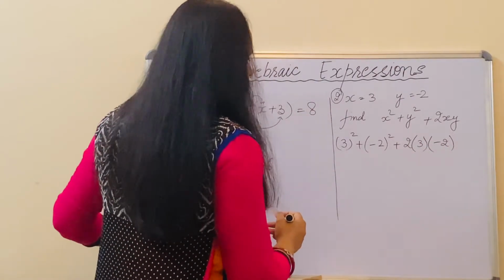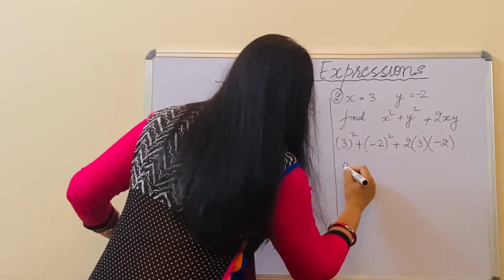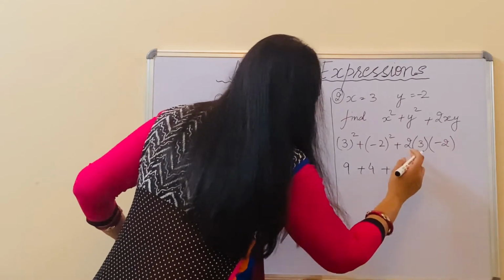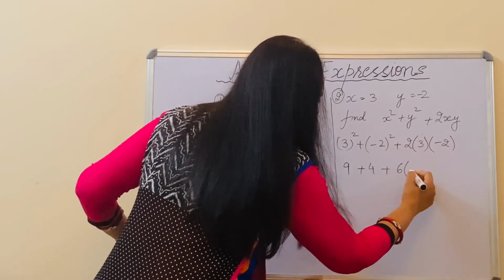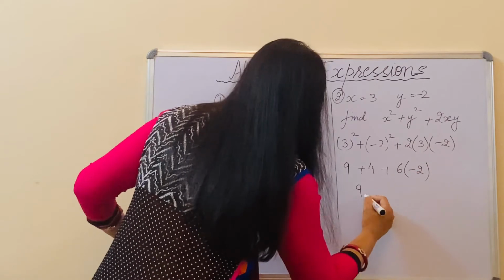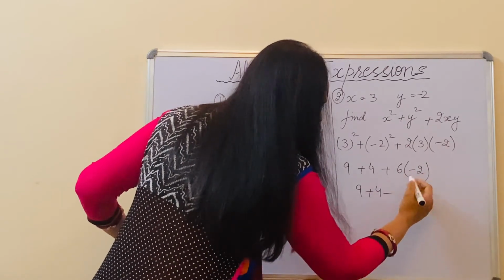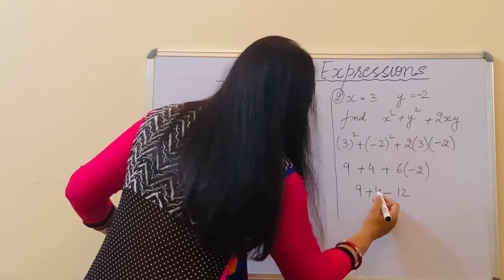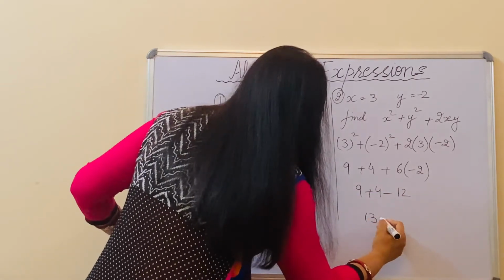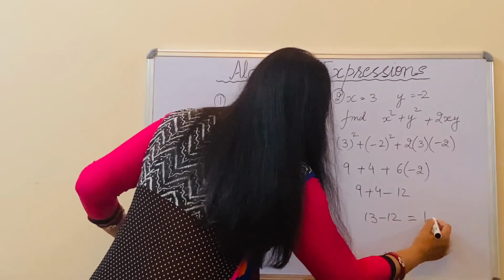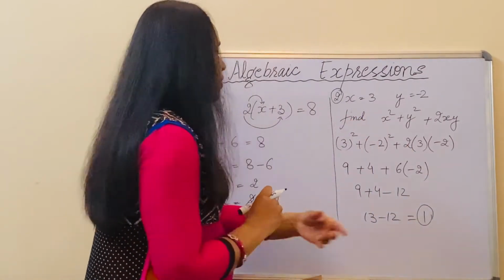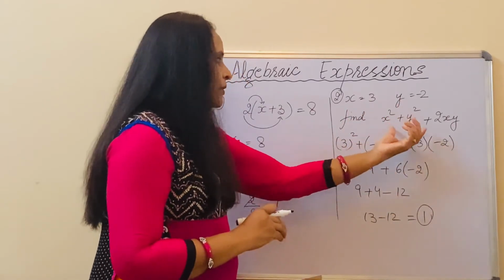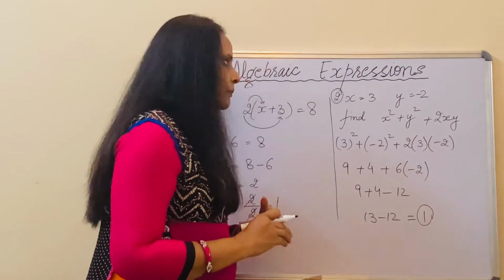Now it's very simple to solve. 3 3s are 9 plus 4 plus 3 2s are 6 into minus 2. 9 plus 4 minus 6 2s are 12, as plus minus is minus on multiplication. 9 plus 4 is 13 minus 12, and again the value comes out to be 1. So the value for this algebraic expression is 1.